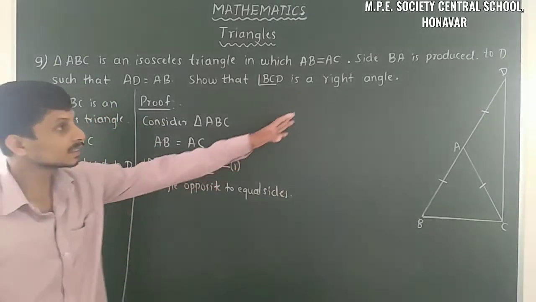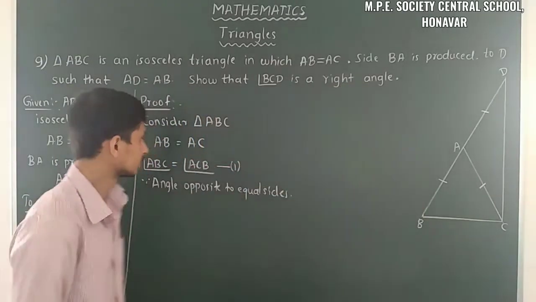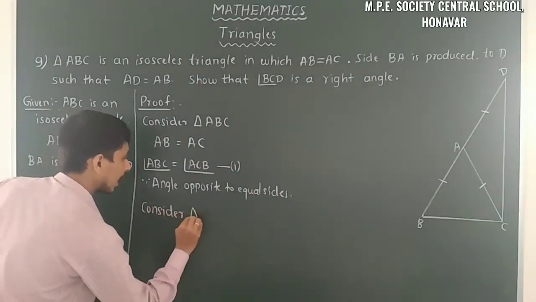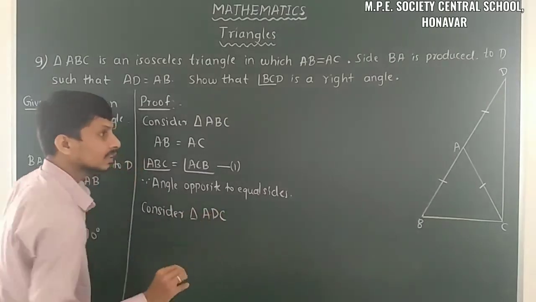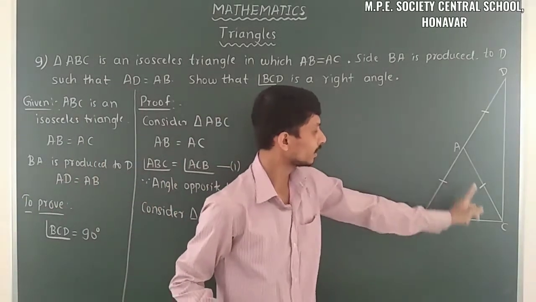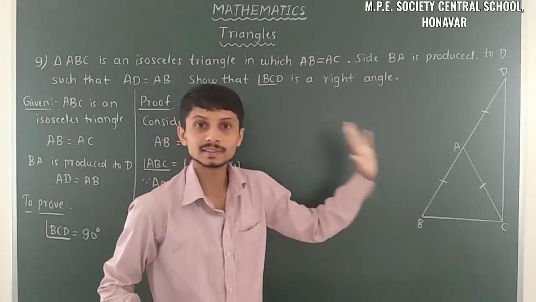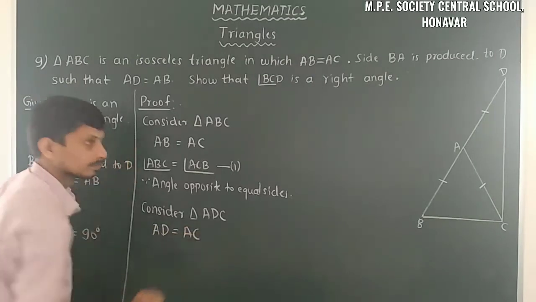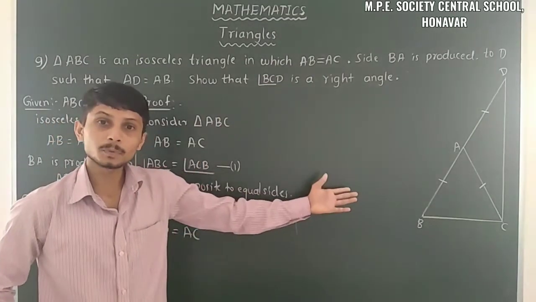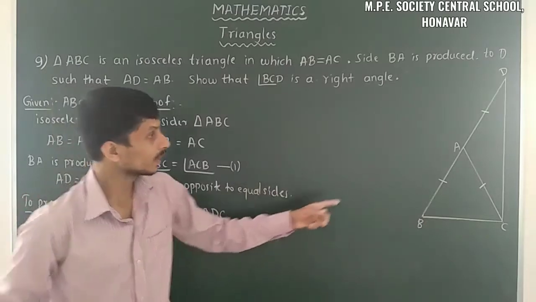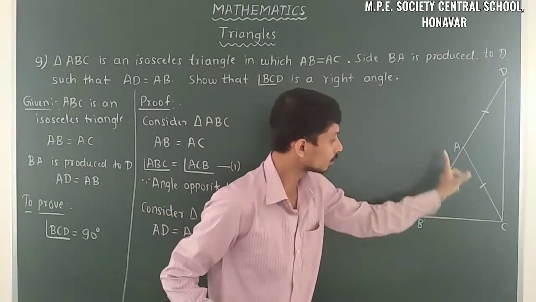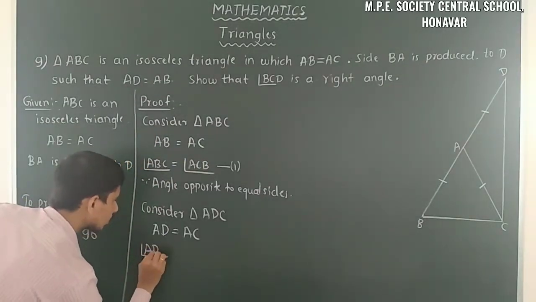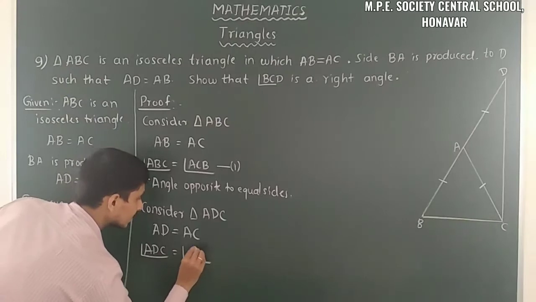Then let us consider triangle ADC. Here just observe, AD and AC are equal. That is AD is equal to AC. Then angles opposite to the equal sides are equal. So angle ADC is equal to angle ACD.